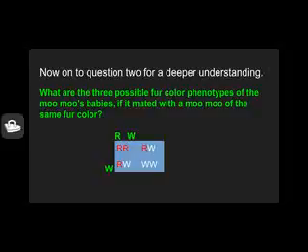Same thing with the bottom left square in the Punnett square, the RW. The parent on the top of the Punnett square gave the R, and the parent to the left of the Punnett square gave the W.